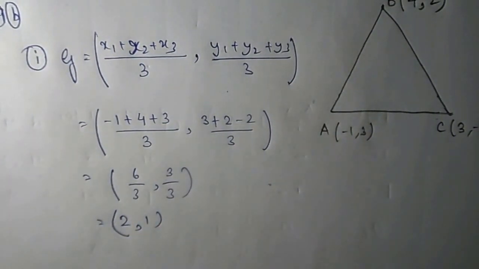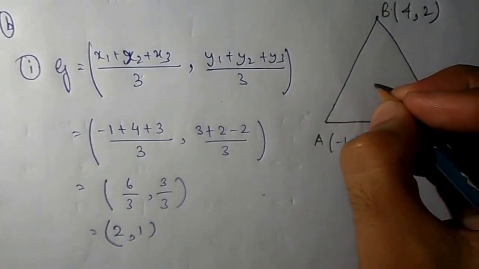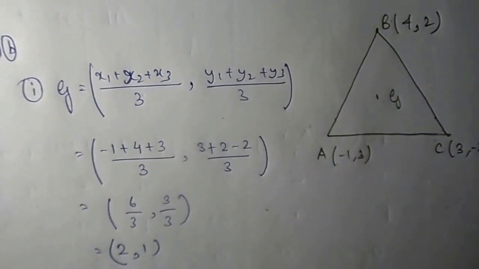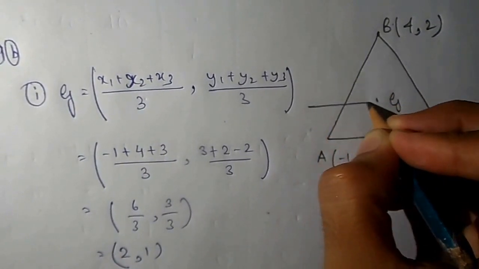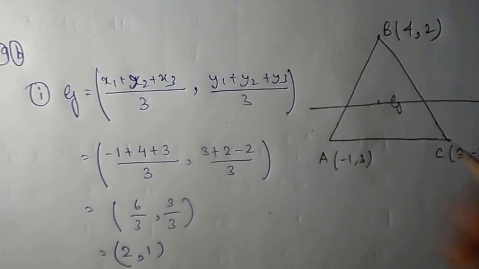Now the second question states: find the equation of the line through G and parallel to AC. Now this is G, most probably the midpoint, and parallel to AC, a line like this.